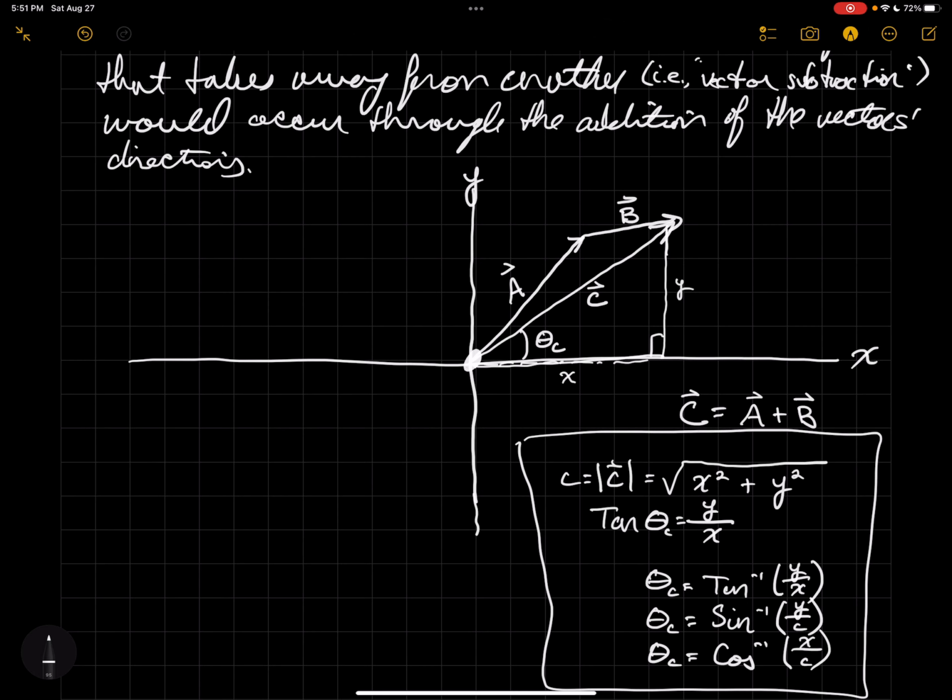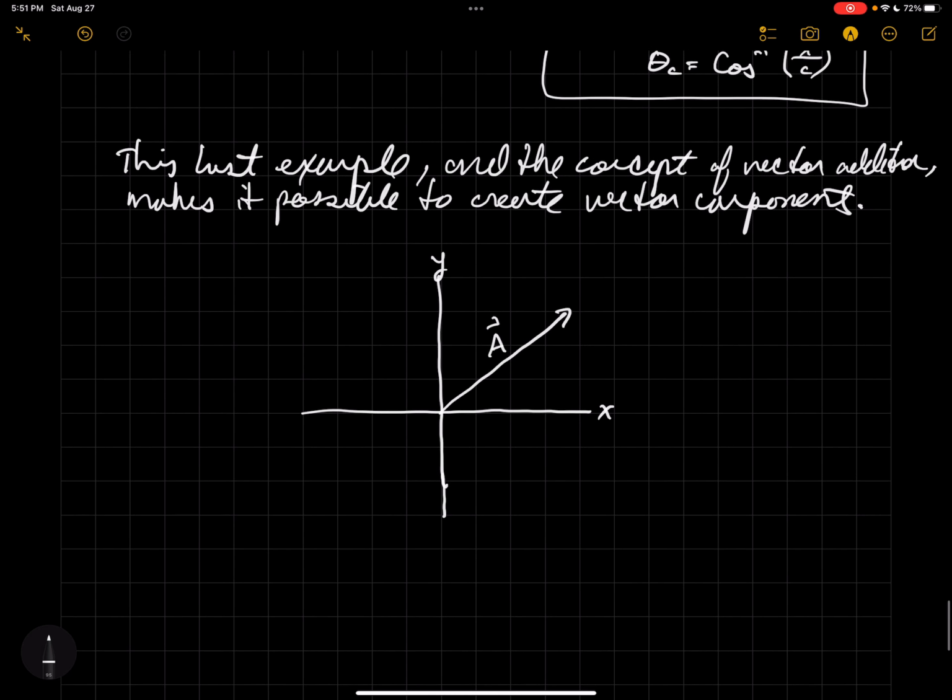But even in those cases where we don't do that, as long as the magnitude and direction of A is the same and the magnitude and direction of B is the same, we can locate them in really any orientation relative to each other.